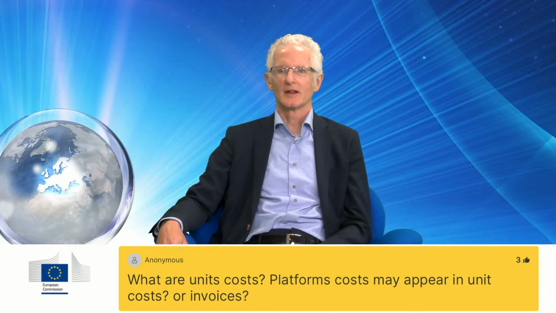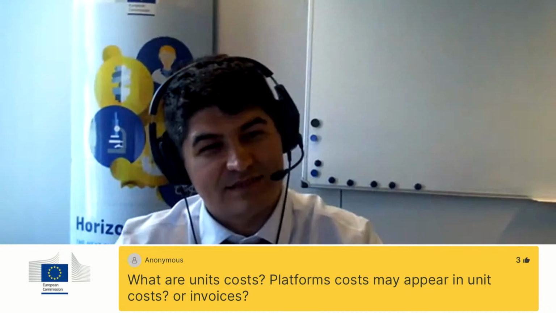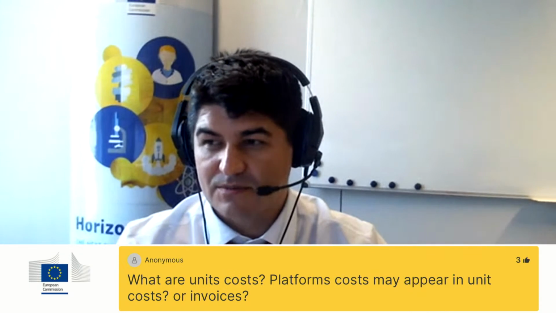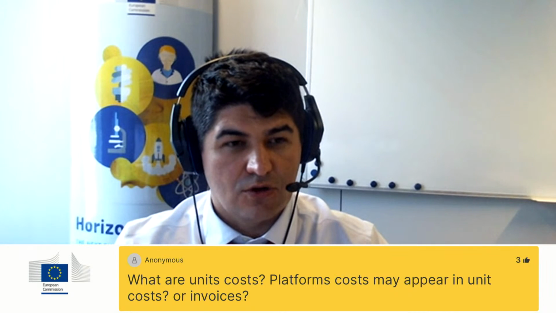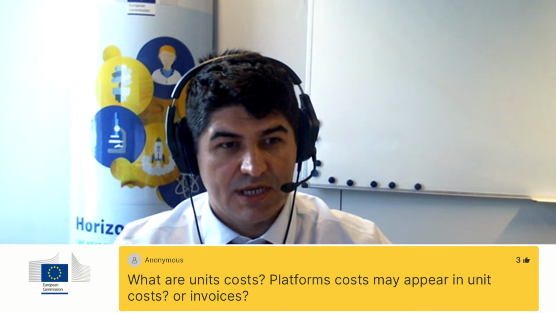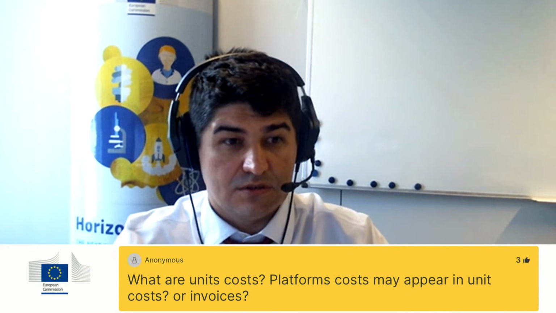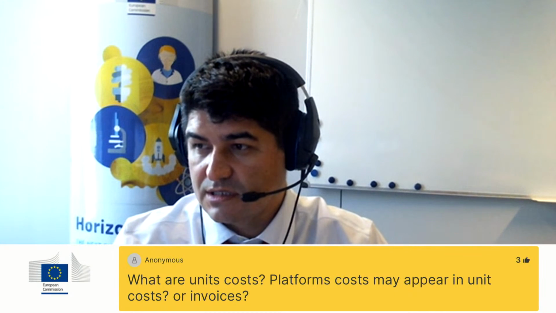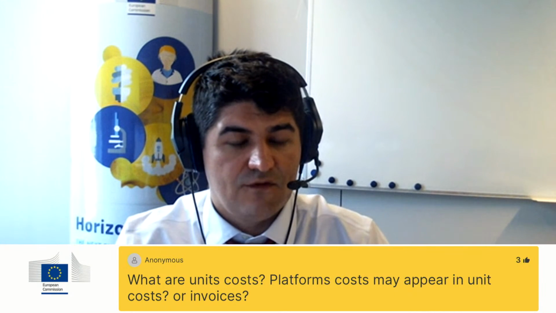I don't know, Isabel, Sorin, do you want to? Yeah, maybe just to specify also that the second type of unit cost that you mentioned, Peter, should also represent actual costs. They are calculated based on the cost of the whole infrastructure, like in this case the whole platform.